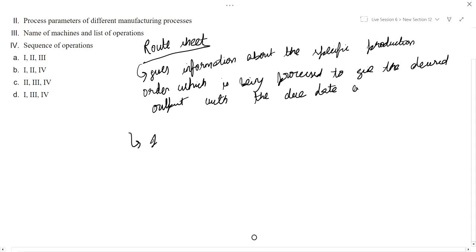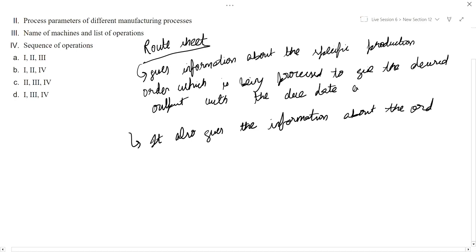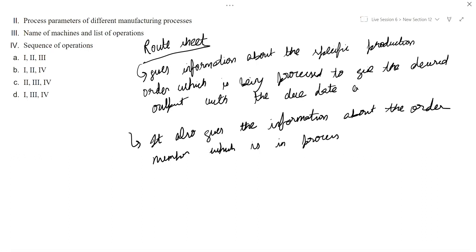It also gives the information about the order number which is in process.